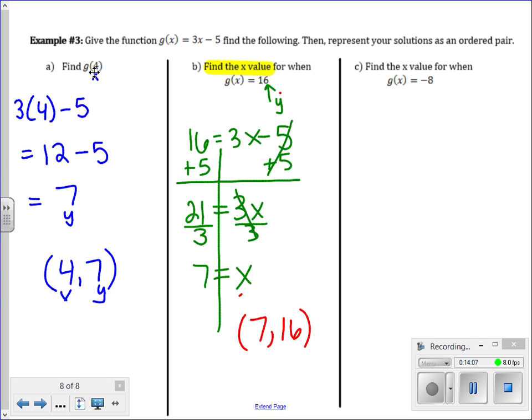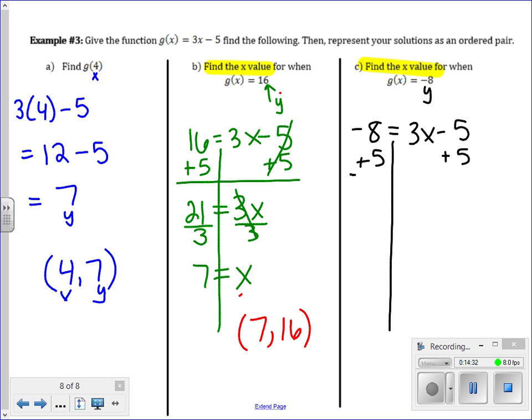Again, I need to find the value of x for which g of x equals negative 8. This negative 8 is a y value, so I need to find the x that goes with it. So when I'm given the y, I take that equal to the equation, 3x minus 5. Now I solve. So I'm going to go ahead and add 5 to start, same steps as last time.